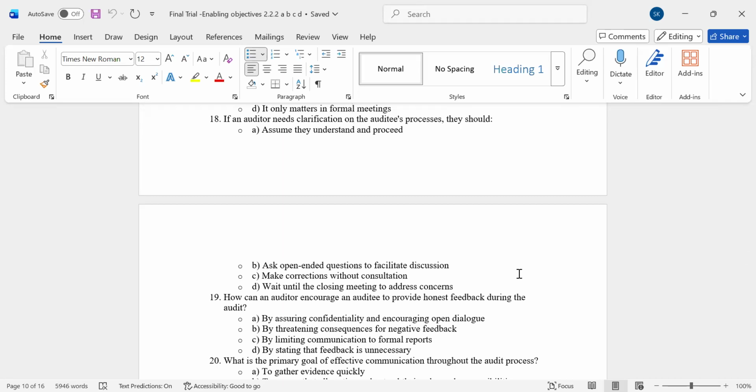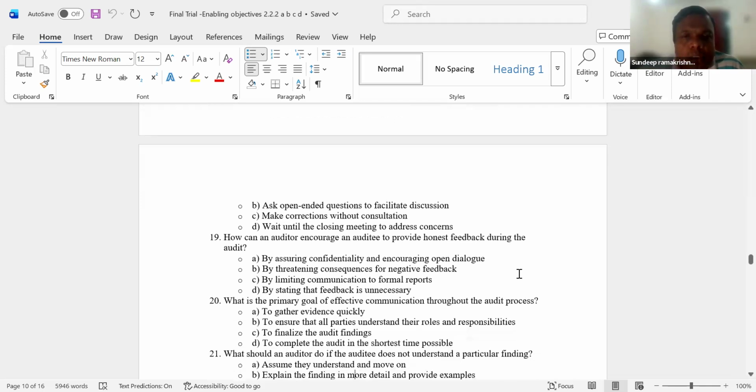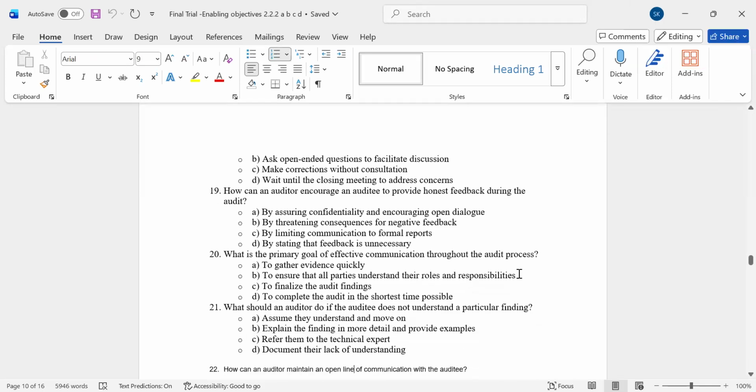D, by stating that feedback is unnecessary. A. Yeah, by assuring confidentiality and encouraging open dialogue is the best fit answer. Anybody else?